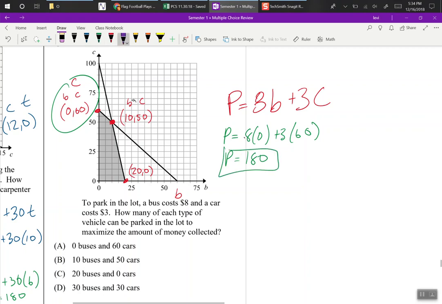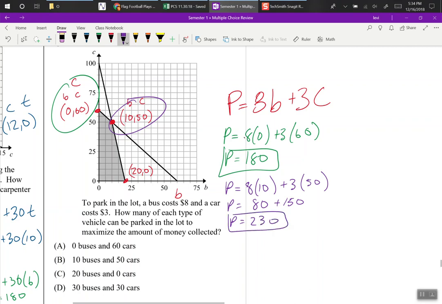Our next one we'll go with 10, 50. P equals 8 times 10 plus 3 times 50. So that's 80 plus 150, so our profit is 230, and our last one, P equals 8 times 20 plus 3 times 0, and 8 times 20 is 160.